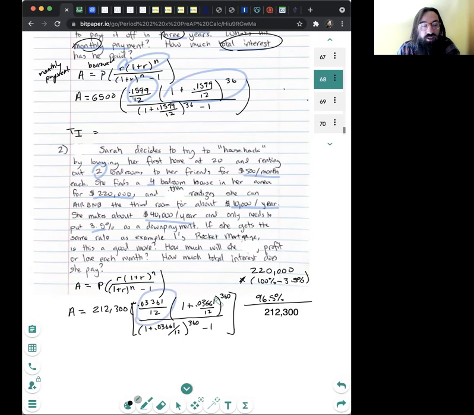This is our interest rate divided by 12 because there's 12 monthly payments and it's compounded monthly. Same thing here. It's being raised to the 360 power because n is the number of total payments. So that's 30 years times 12 months per year. Same thing here. So we just filled out the problem.